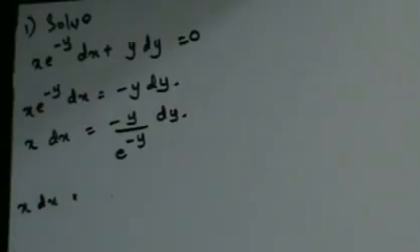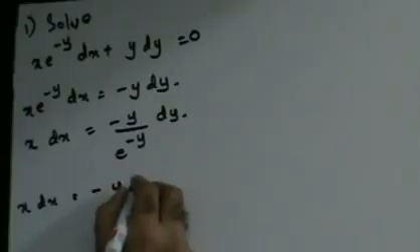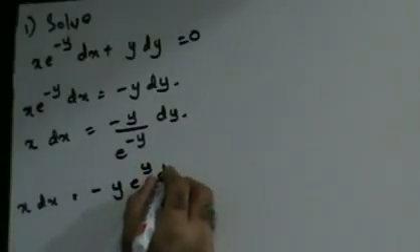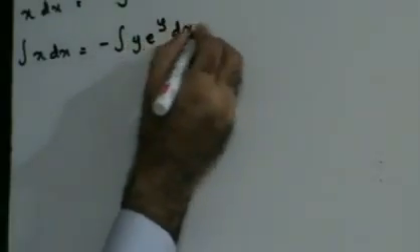This can be written as x dx is equal to minus y e raised to y dy. Now integrate both sides. If I integrate, I'll get integral of x dx is nothing but minus integral of y e raised to y dy.